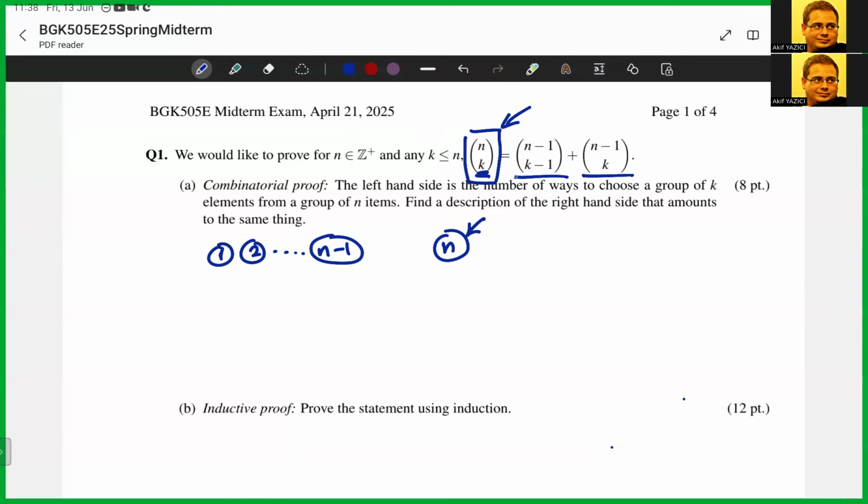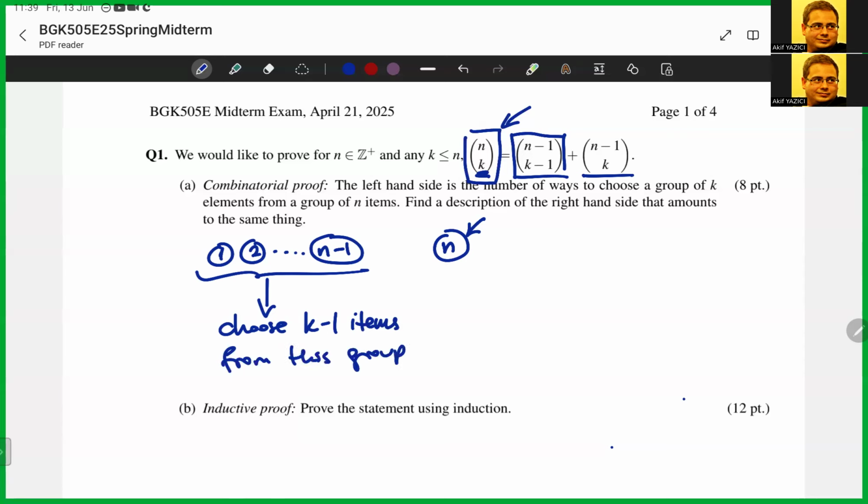So you see this here, n minus 1 choose k minus 1. What's that? That's the number of ways to choose a group of k minus 1 out of n minus 1. So from this group, choose k minus 1 items from this group and add item number n.